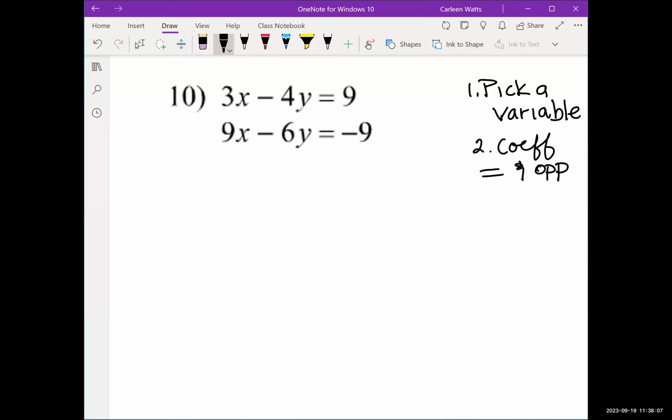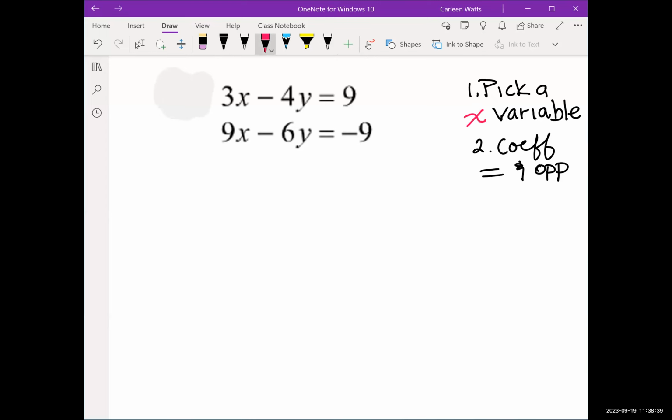Which variable would involve less work to make it have the same but opposite coefficient? Do we want to do the X or the Y? X. Okay, so we picked the X. Good choice.